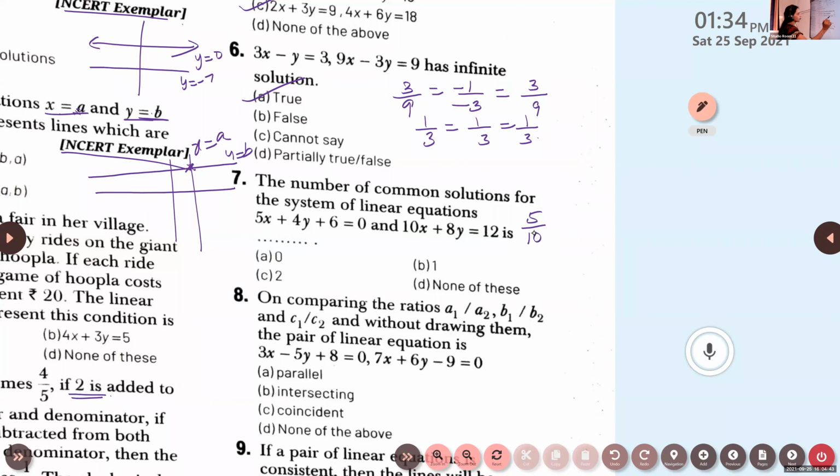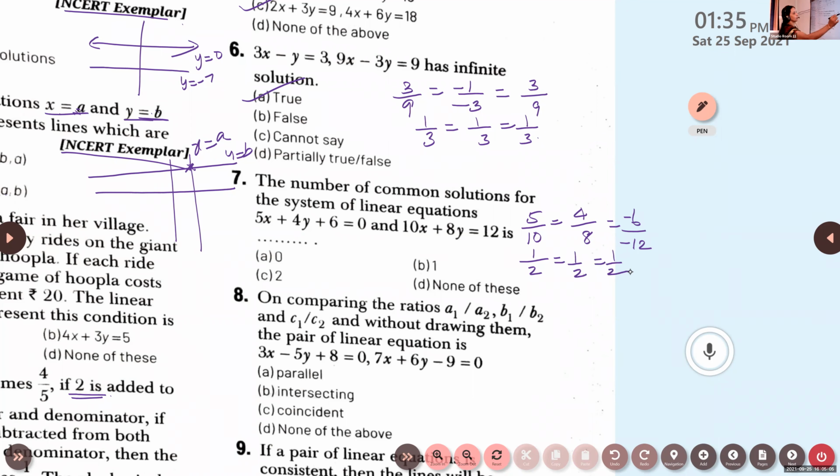For one more question, you just write the coefficients. A1 by A2 equal to B1 by B2. Is it same as minus 6 by minus 12? Look here. 5 by 8, it is 1 by 2. 1 by 2 is equal to 1 by 2. Is it correct? And positive 6 by minus 12.